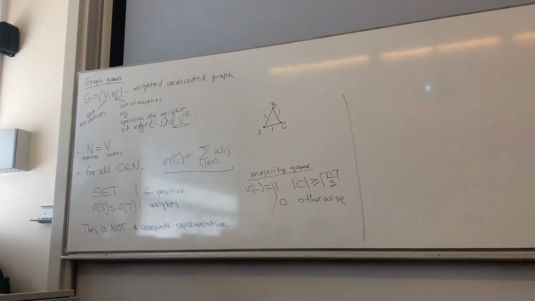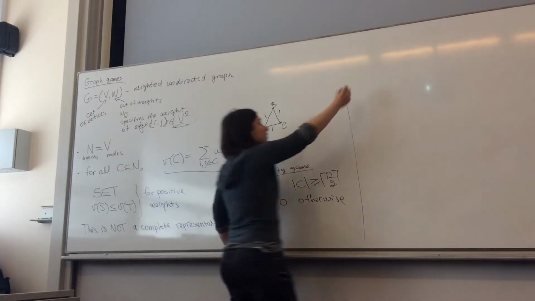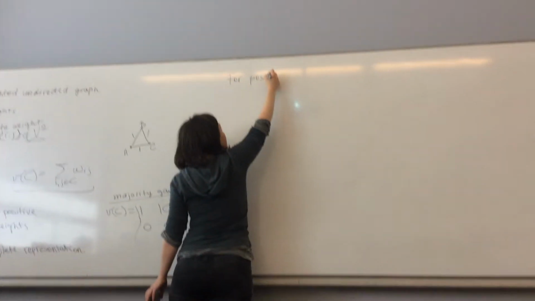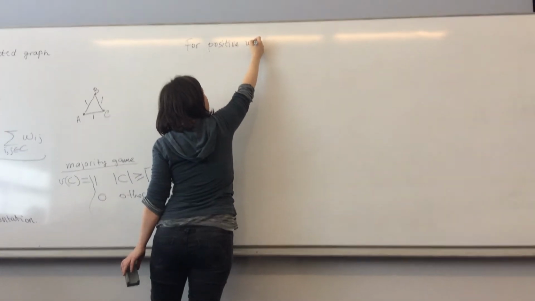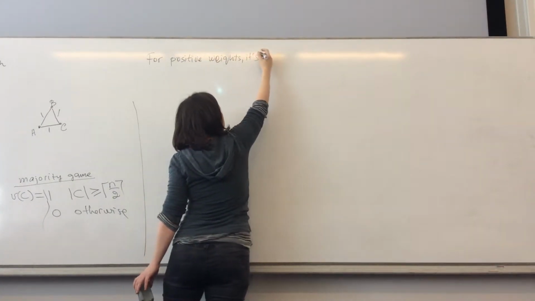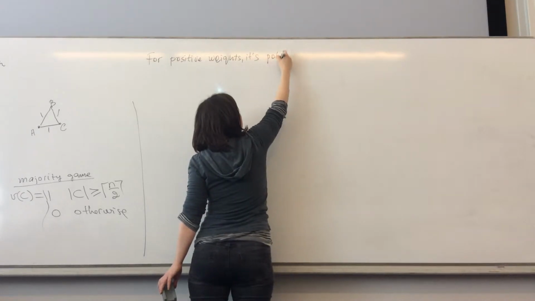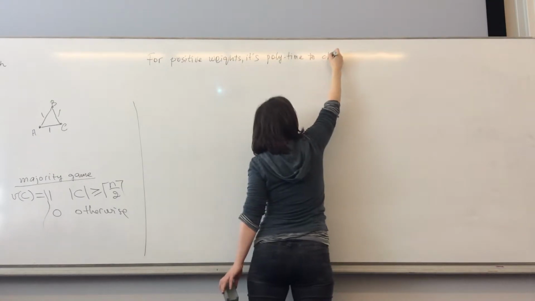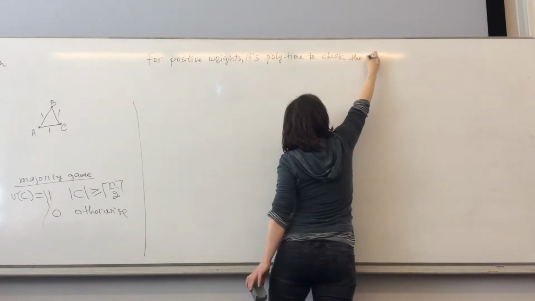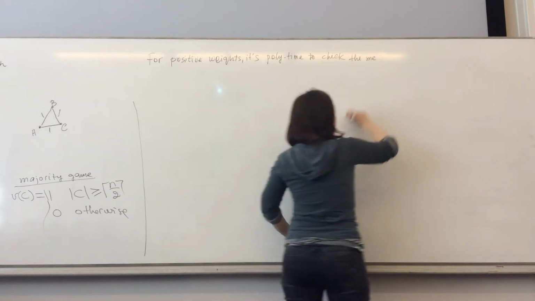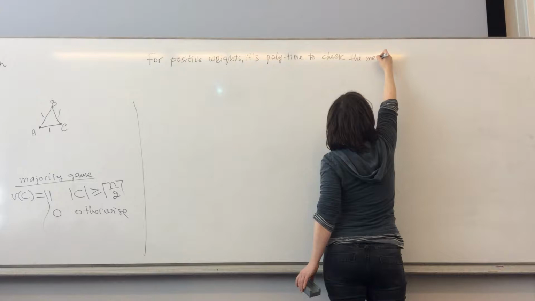Then we also can easily compute the Shapley value. So for positive weights, it's a poly-time check. What do I mean by membership in the core? I'm given an imputation, and I have to check if that's a member of the core or not.